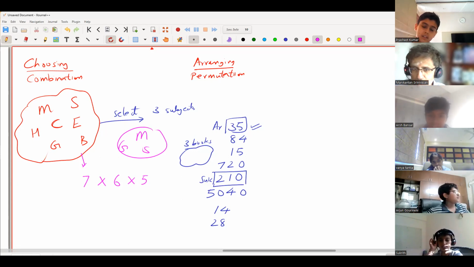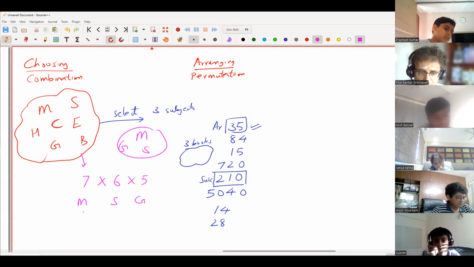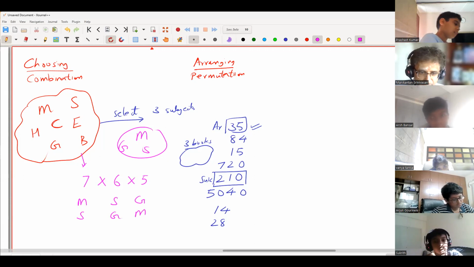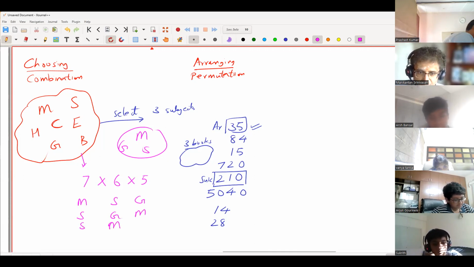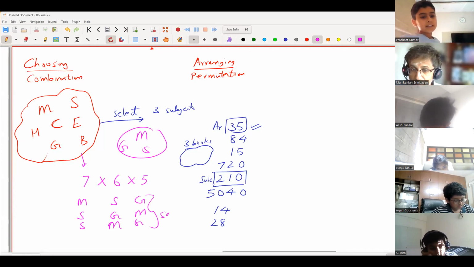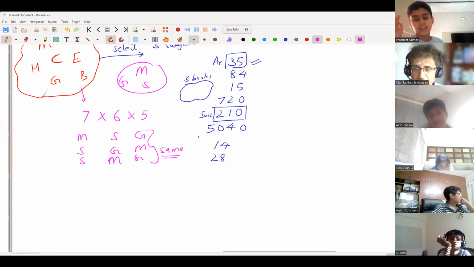Exactly. You could double count it. We are excess counting, because suppose you select M first and then S, then G, or you pick S first and then G, then M, or S, M, and G. All of them are actually the same, but we are counting them separately, aren't we?